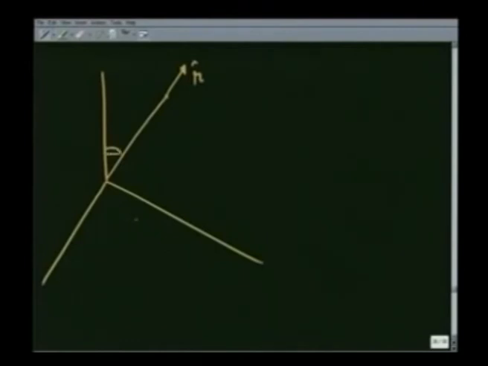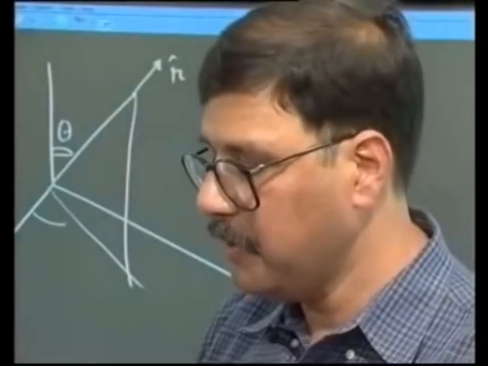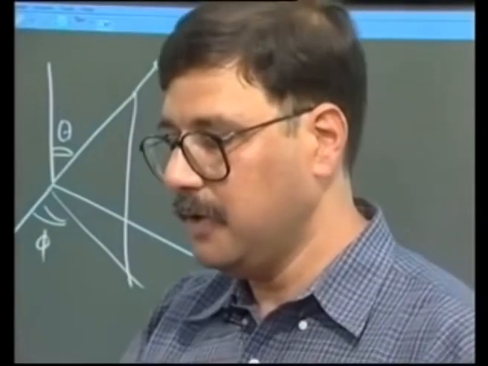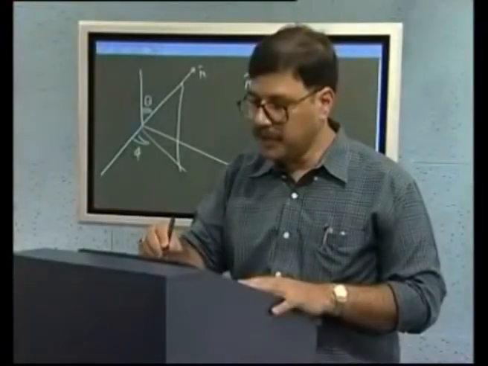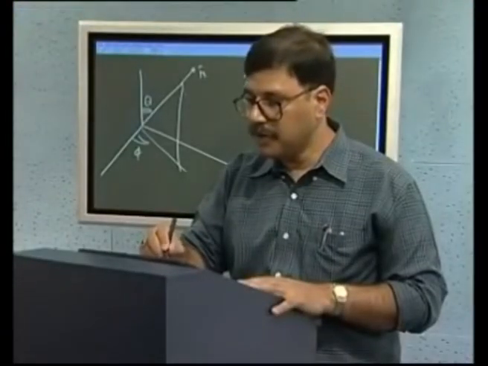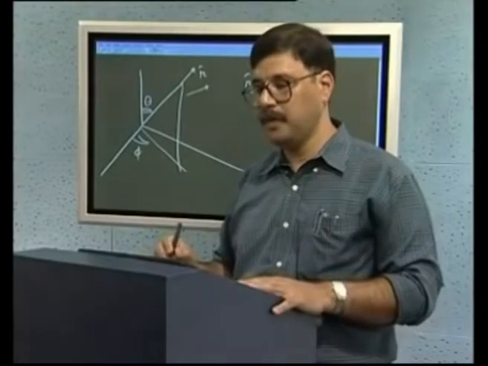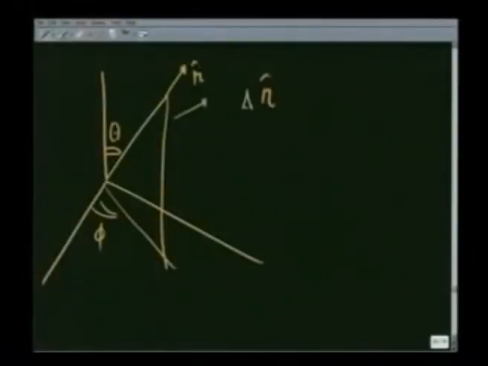If I were to change only theta and keep phi fixed, then you can see the r unit vector is going to change from here to like this, and that change is going to be equal to delta theta in theta direction.